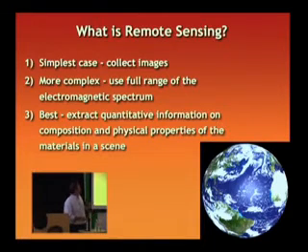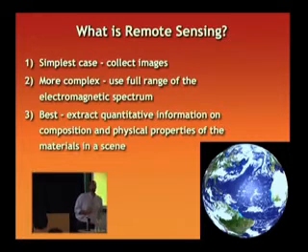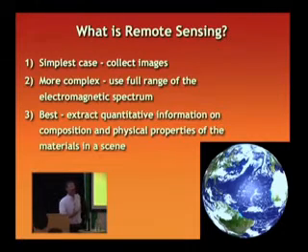I want to talk a little bit about that. And then, to me, what remote sensing really is about is extracting quantitative information from all of that information. Not just the patterns that we see, but quantitative, compositional, physical information about the nature of the surface, whatever planet it's on.